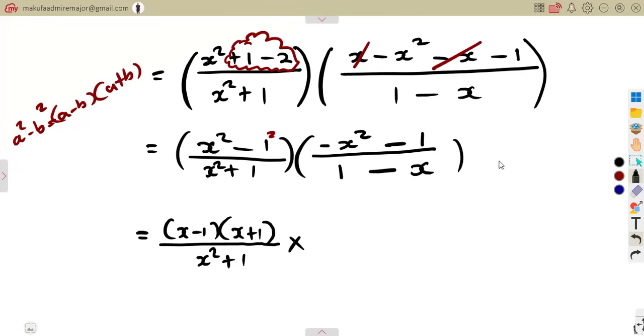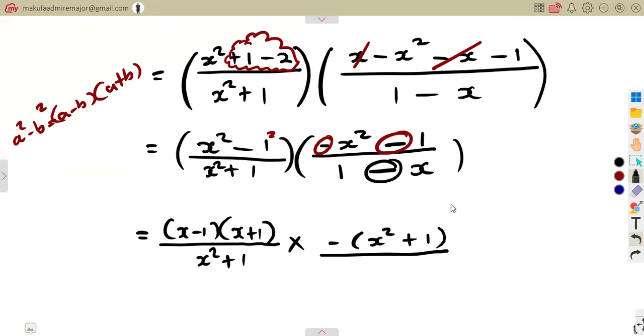Okay, so this part here, if we were to consider properly, we can see there is a negative which is common. That can be factored out, and that was going to give us x squared plus 1. Negative, negative, positive, negative, negative, positive. In the same sense, again, there is a 1 minus x, this part here. Also, we can factor out the negative here so that this will be minus 1 minus x divided to this minus, it will be a plus x.